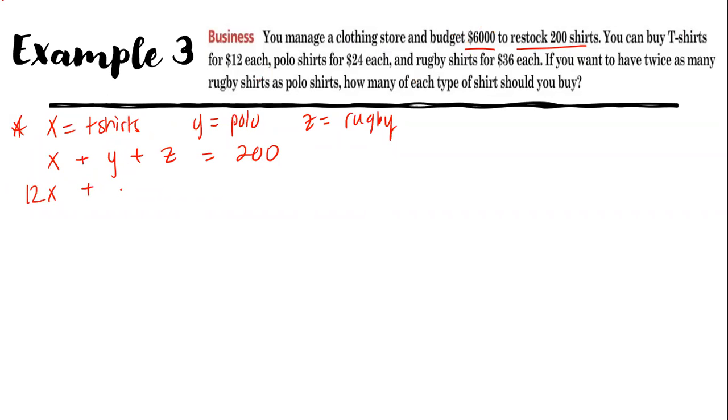Polo shirts cost $24, and rugby shirts cost $36. And your budget is $6,000. You want to have twice as many rugby shirts as polo shirts. So our rugby shirts, which is z, is going to equal twice as many as our polos, which is y.